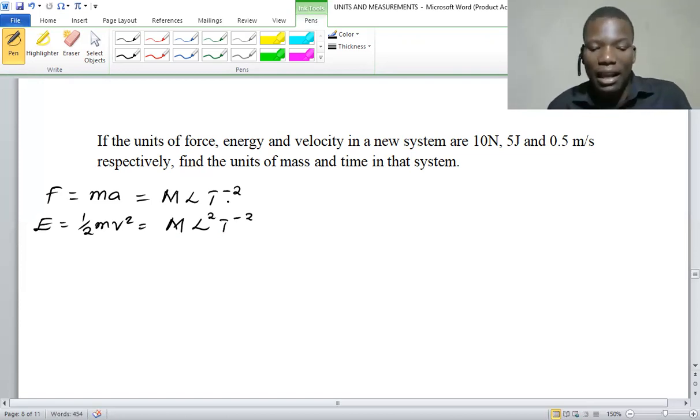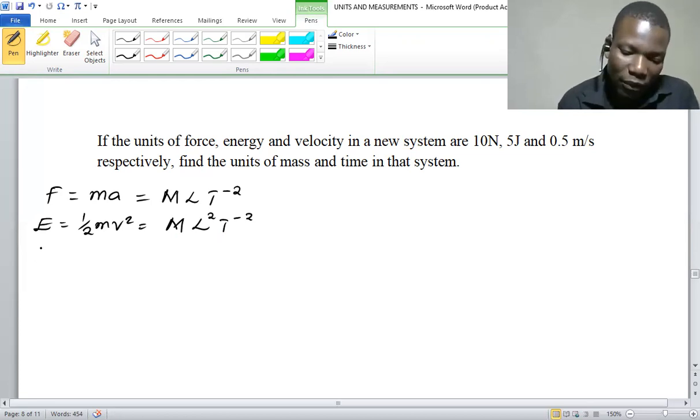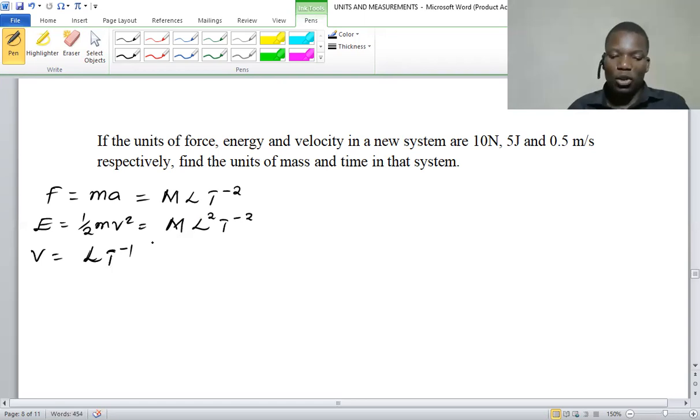Okay, so that is actually the dimension of energy. And then we go to velocity. Velocity is actually having the dimensions L T^-1.